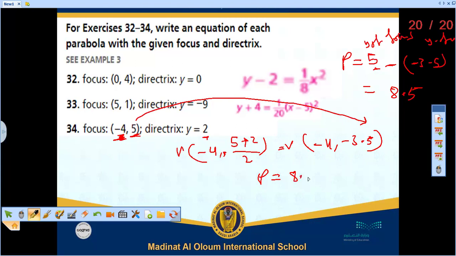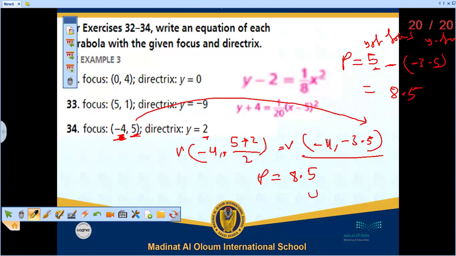Okay, this is my p, 8.5. Now my equation. This is my vertex, guys, (h, k). Y minus negative 3.5, it means plus 3.5, equals 1 over 4p, 4 times 8.5.